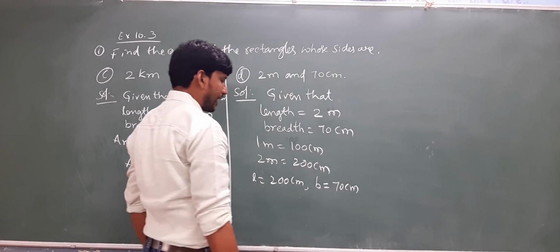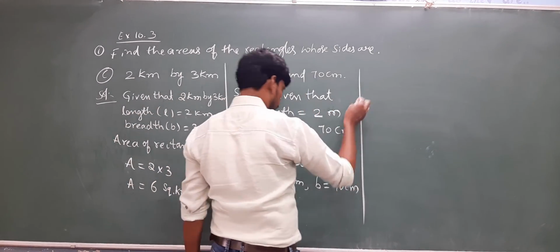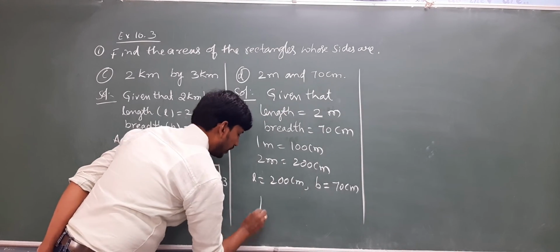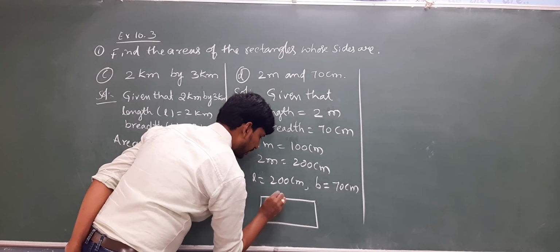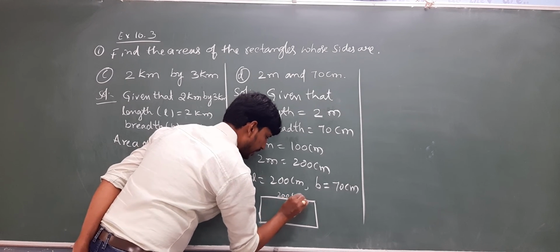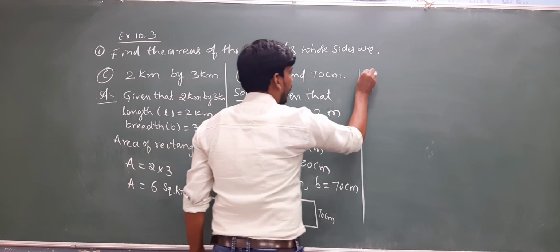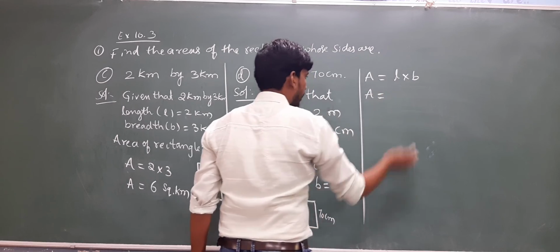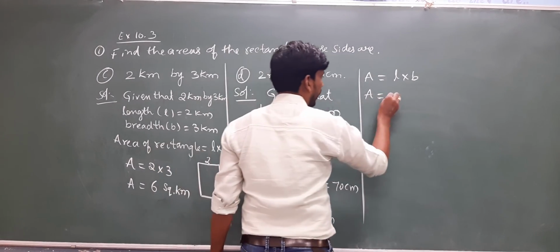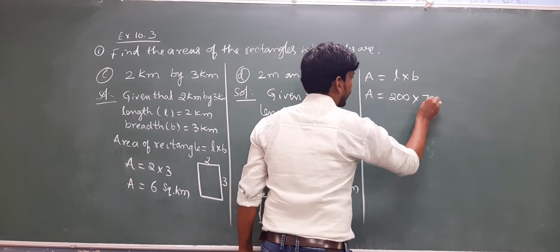Now the area of the rectangle. I'm drawing the figure here, this is 200 centimeters and this is 70 centimeters. Clear? So now area is equal to L into B. Capital A, area is equal to, what is the L value? 200 into, what is the breadth? 70 centimeters.